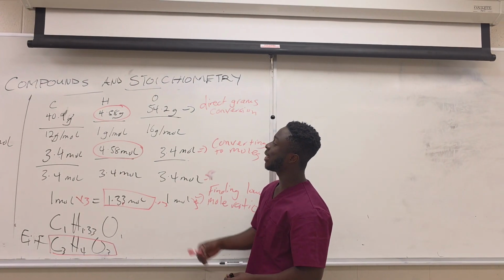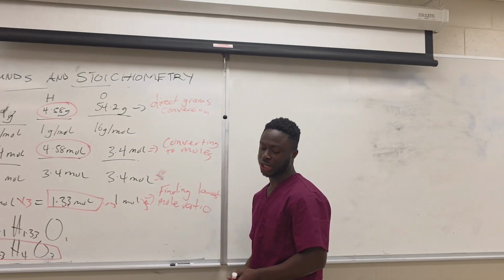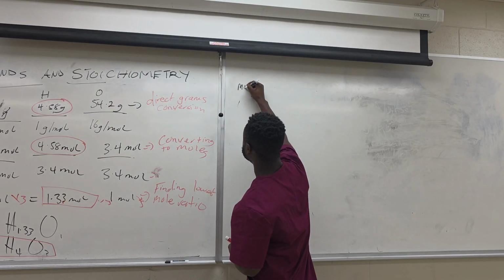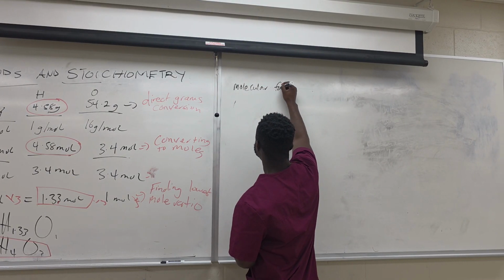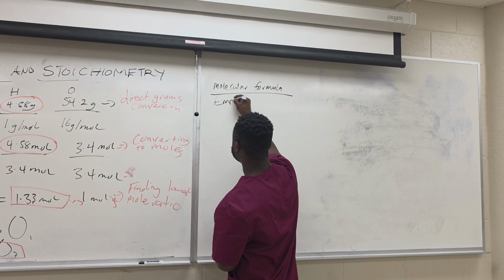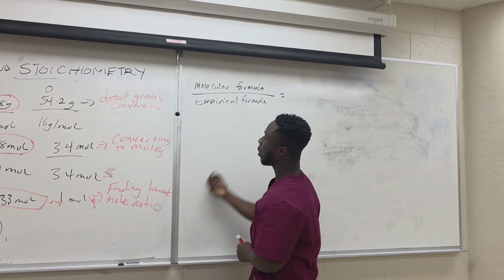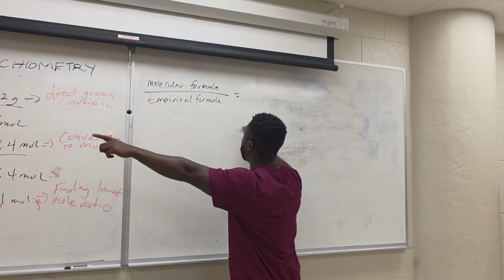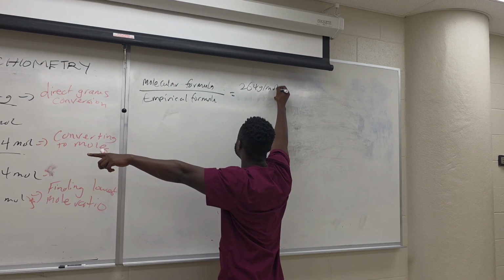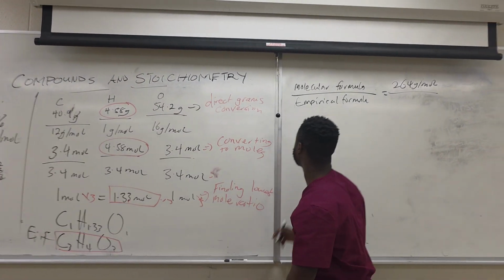So if you want to find the molecular formula from this empirical formula, you can use the expression: the ratio of the molecular formula over the empirical formula would directly give us the molecular weight that we do have here, 264 grams per mole, divided by the empirical weight that we're going to find here also.